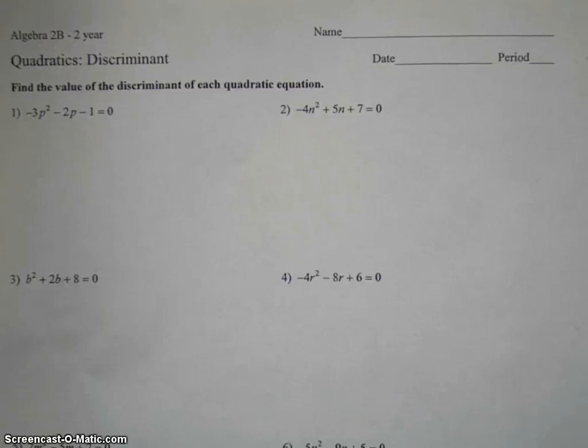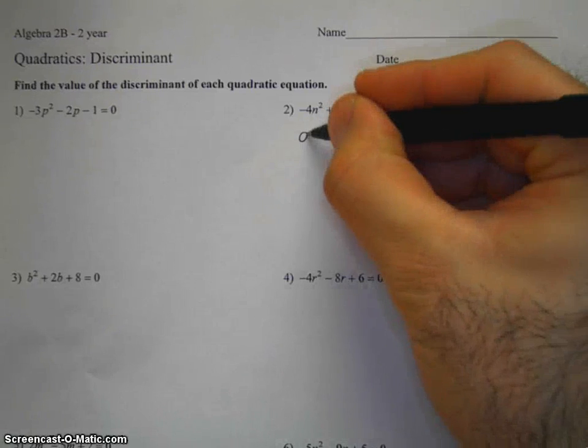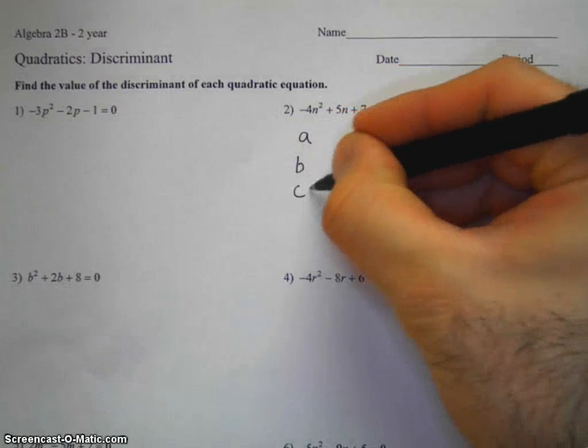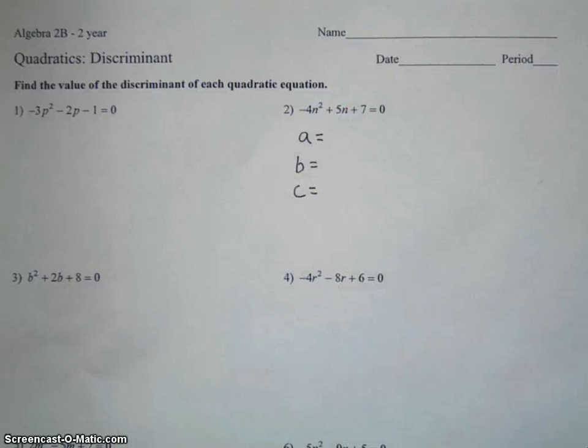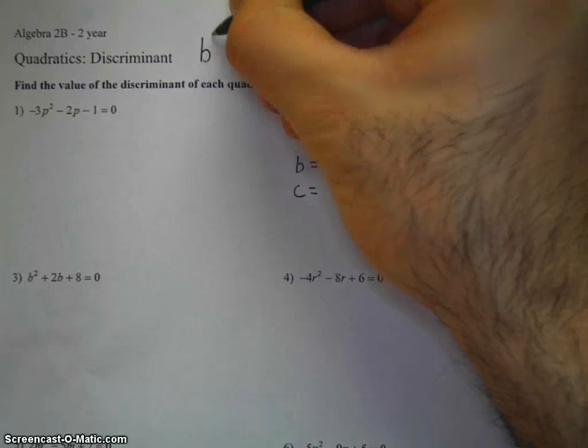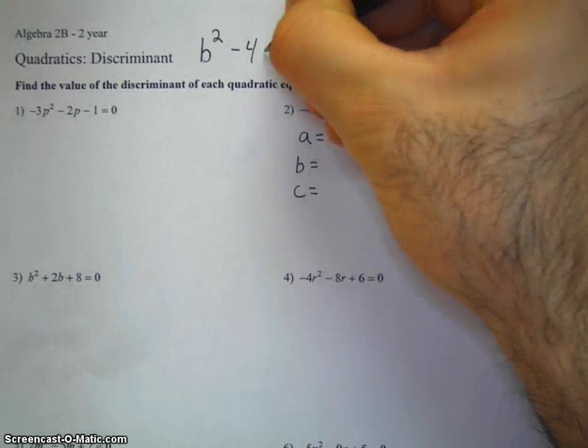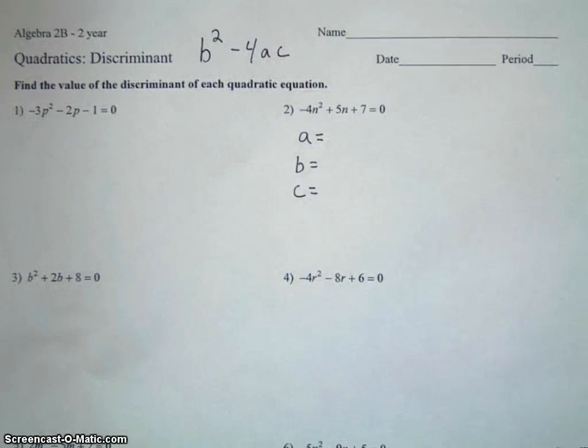So we just completed number 1 in your homework with the last example. Let's look at number 2. My a, b, c is needed to use the discriminant. And again, the discriminant is going to be b squared minus 4 times a times c.